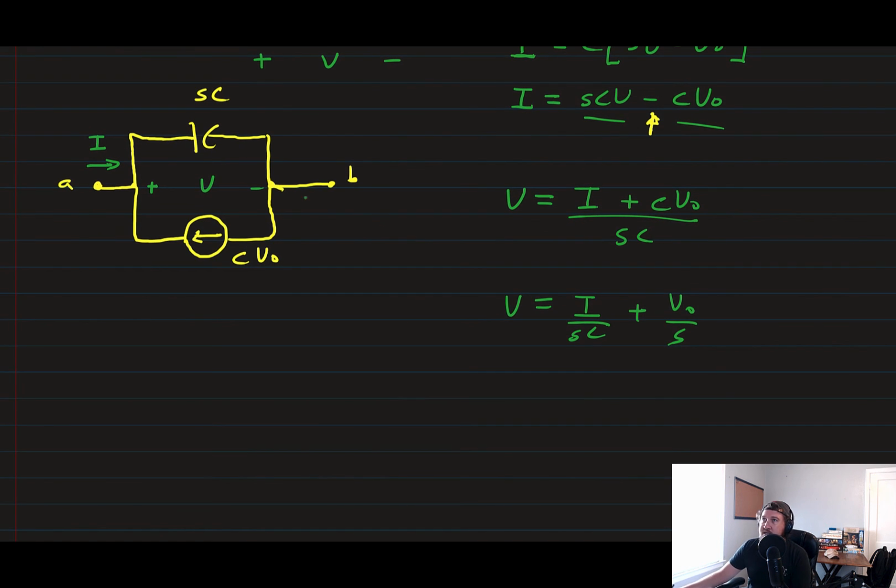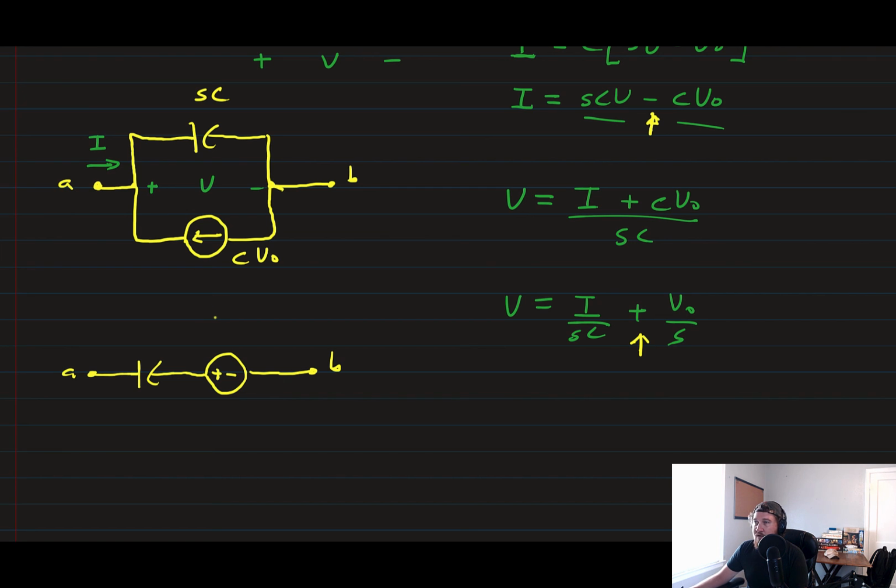So we can draw this expression as just series voltage elements. We have our node A, we have our capacitor, we have our source, and we're out to node B. Notice that it's plus the voltage. That means that the polarity of our voltage source is going to be in line here with the voltage.